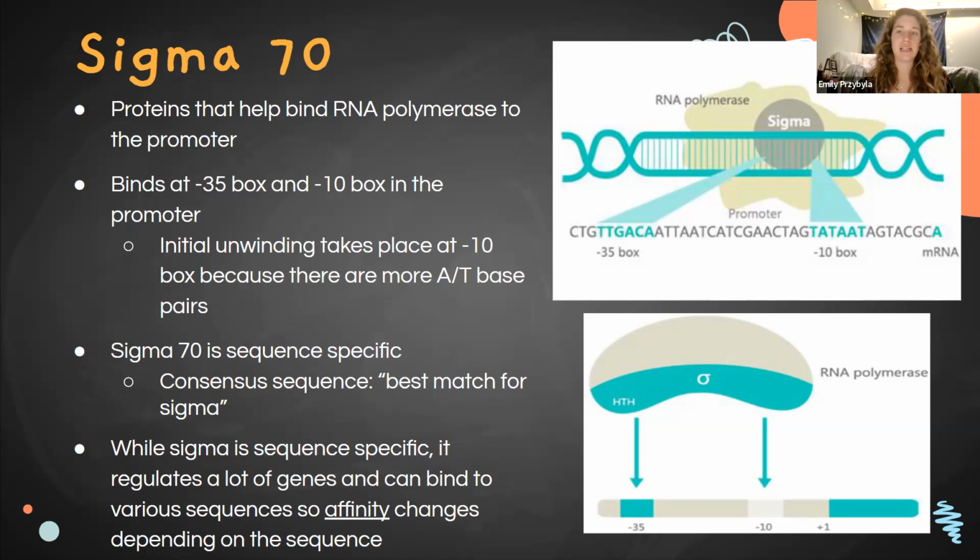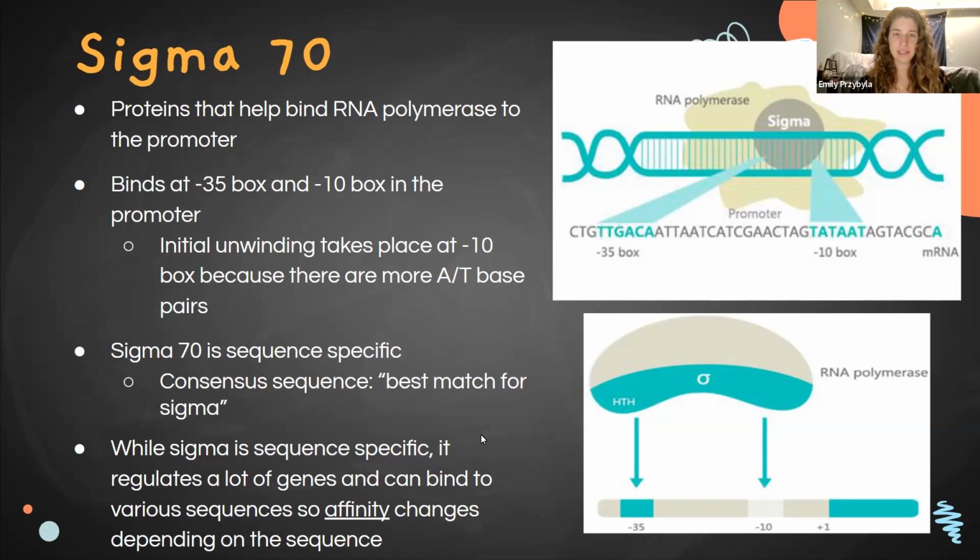Not every DNA sequence has the same letters. If you can see my mouse, this is TATAAT. Maybe this T is something else. Sigma 70 could probably still bind, but it's not going to bind as frequently, because it's going to bind the most to what it matches the best. And that's what a consensus sequence is.